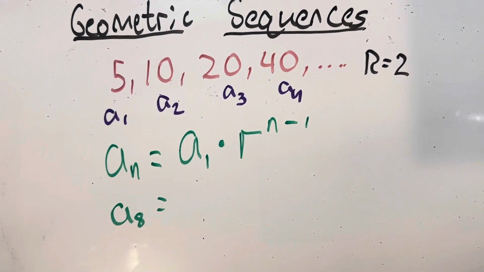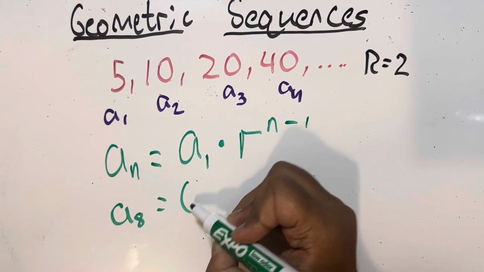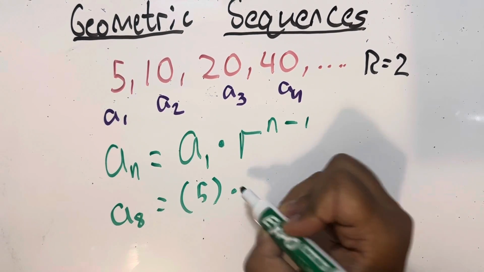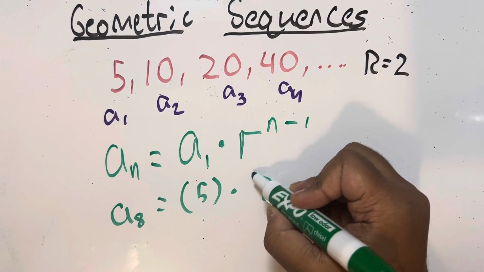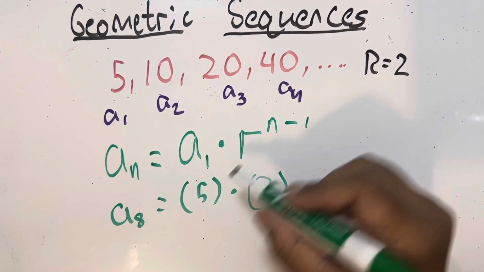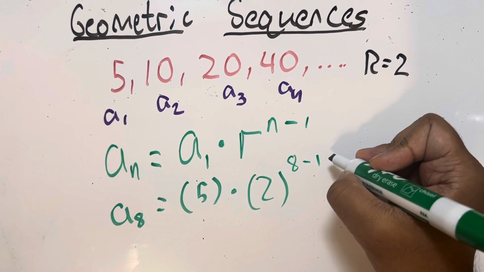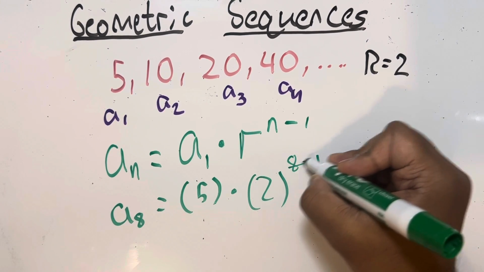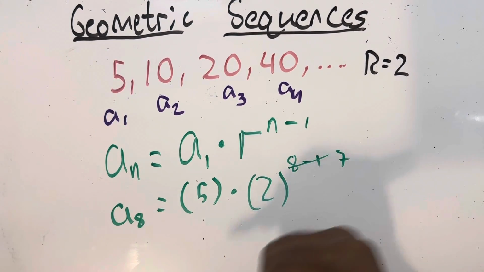I'm going to take a of 1, which is 5, times my ratio, which here is 2, to the n minus 1. My n here is 8, and 8 minus 1 is 7. So 5 times 2 to the 7.